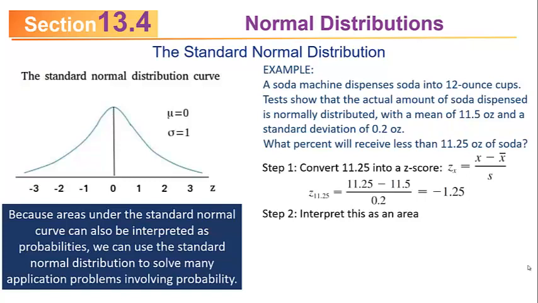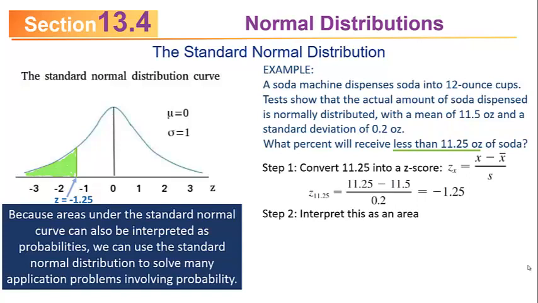Remember, we've got to interpret that now as an area. We want to know what percent will receive less than 11.25 ounces of soda. So thinking about that, if you put z equal negative 1.25 on the standard normal graph and you want it to be less than that, you're looking at the left tail of that distribution.